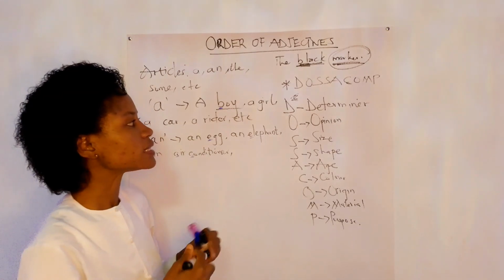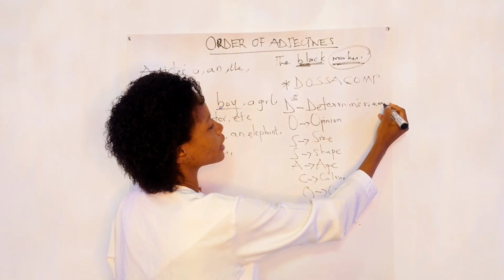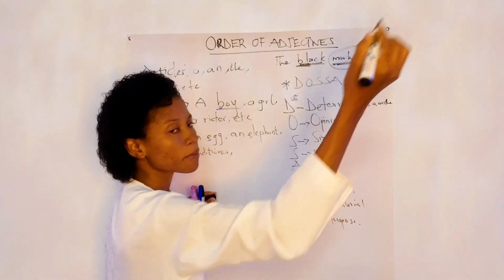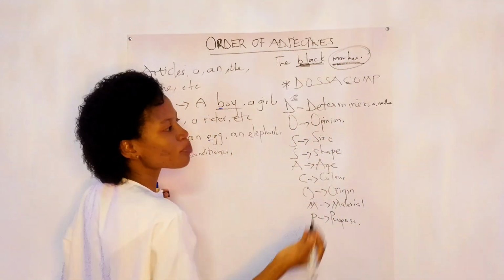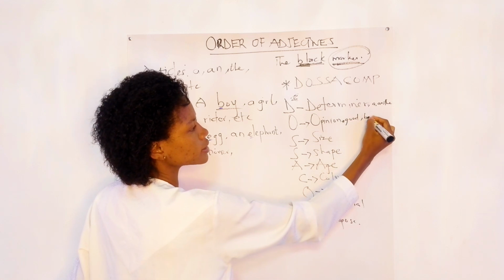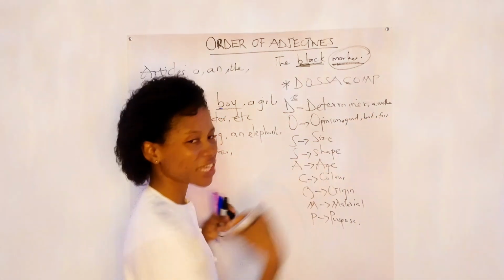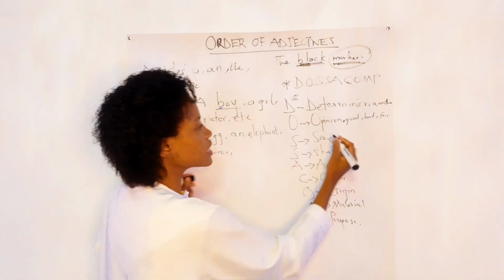Now examples of determiner are a, an, the, some, okay? Examples of opinion: good, bad, fair. You're just sharing your ideas, so it's an opinion.